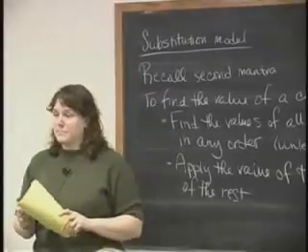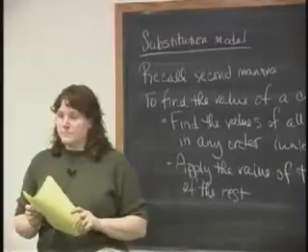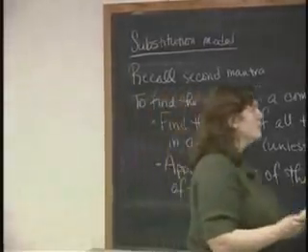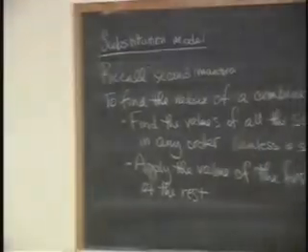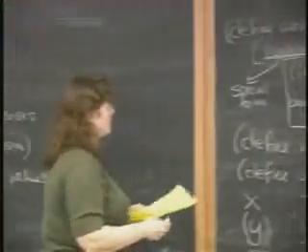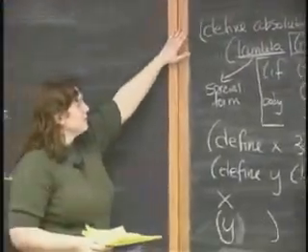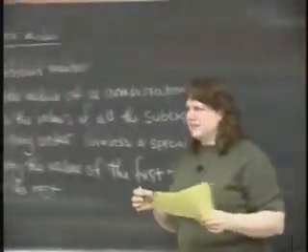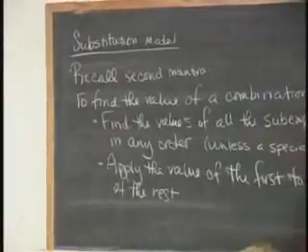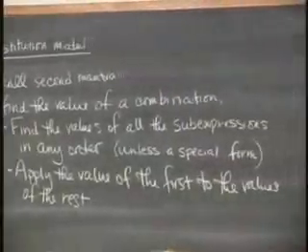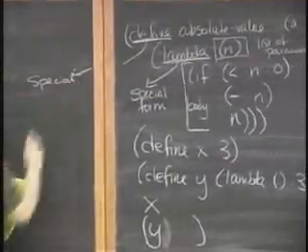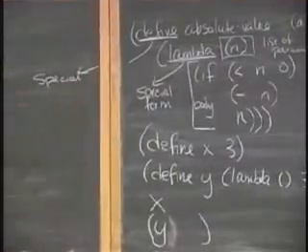Is there a difference between lambda and define? Define is another special form. We talked about it yesterday. Define is a special form that allows us to name an object.